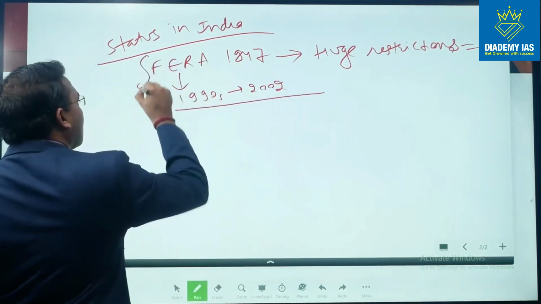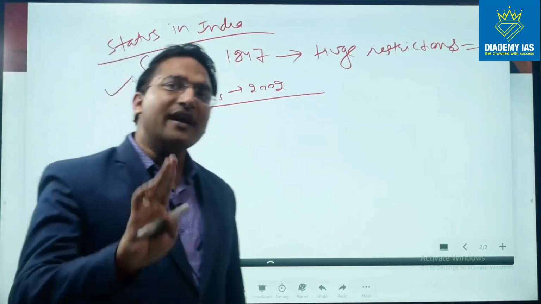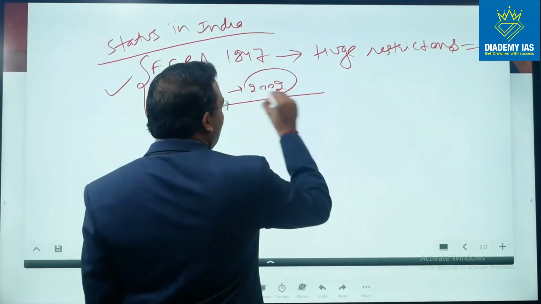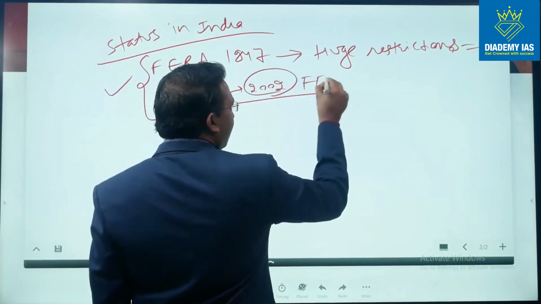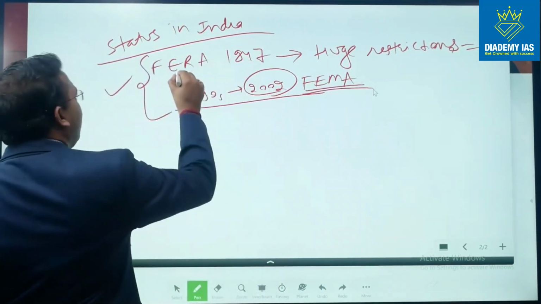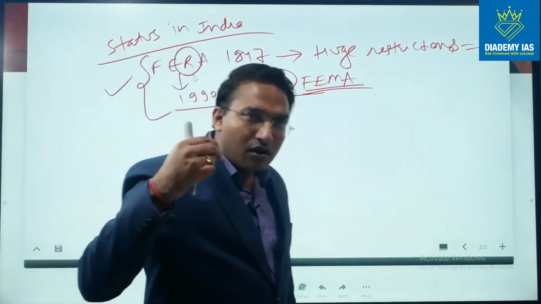So the legislative regulation of the convertibility happens through this Foreign Exchange Regulation Act, and now in 2002 this has been converted into Foreign Exchange Management Act, FEMA. So earlier we said that we are regulating. So R stood for the term regulation.